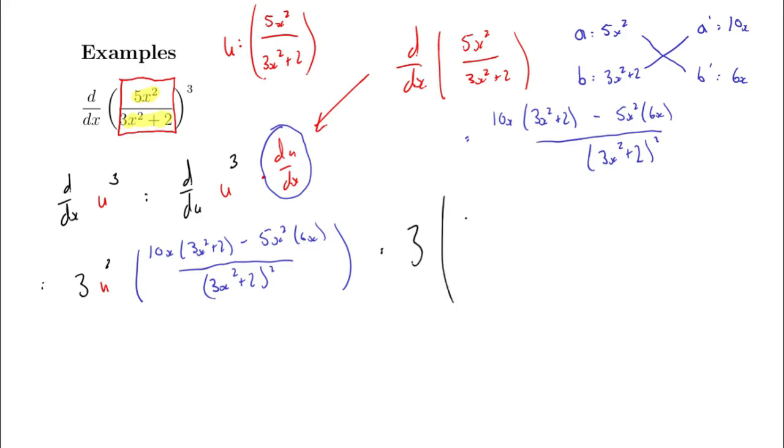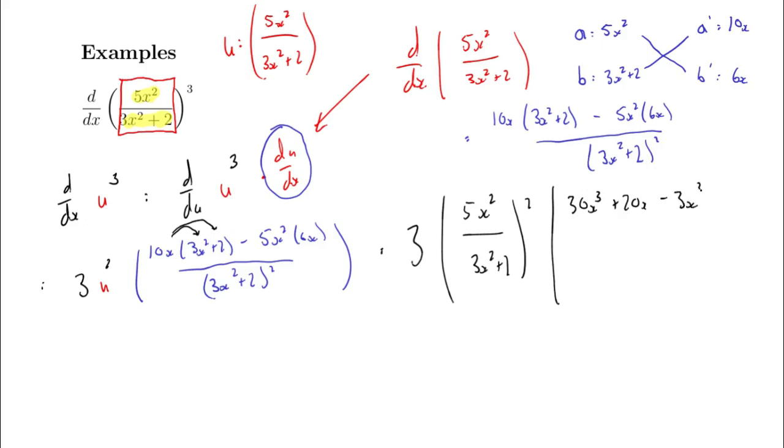3 times this big fraction squared, 5x squared over 3x squared plus 2 squared, times, I'm going to start multiplying things out. This is 30x cubed plus 20x minus 30x cubed. Oops, I wrote 3x cubed.